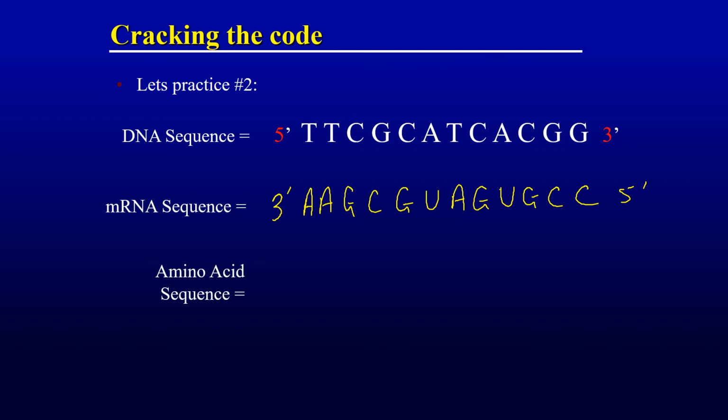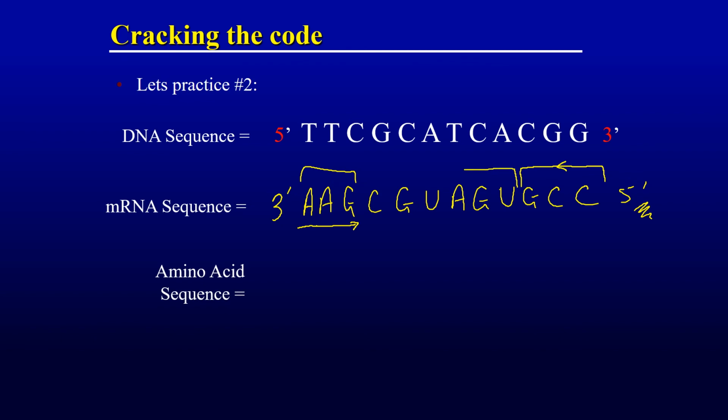Now we've got to get our amino acid sequence. Here's what we cannot do, so don't make this mistake of simply reading AAG in that direction and thinking that this is our first codon. We've got to start down here at this 5' end, and say this is our first codon, and read it in that direction.